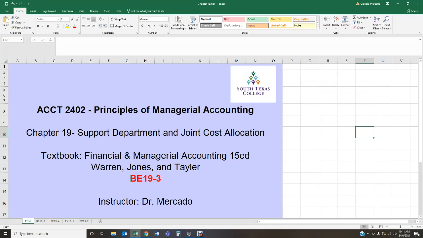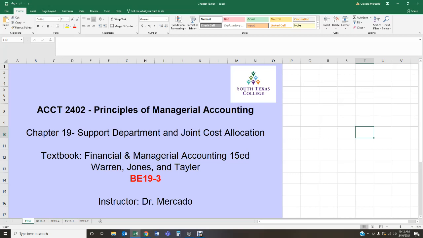So those are the three methods that we're going to be covering in this chapter. Basically, the direct method moves support costs directly to production departments or activities without recognizing any inter-support department service cost. The sequential method takes into account some, but not all inter-support department service costs. And then finally, the reciprocal services method accounts for all inter-support department service costs.